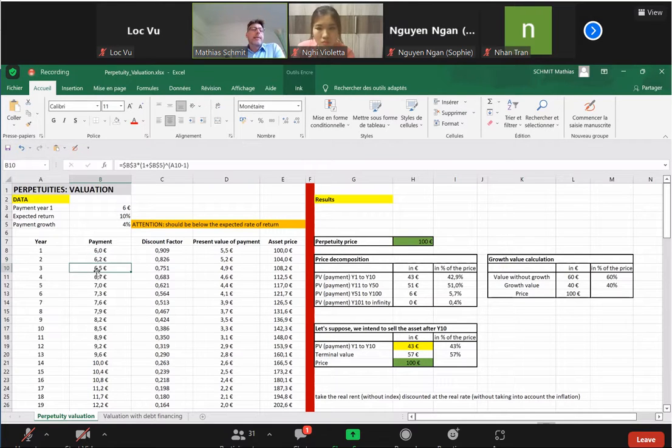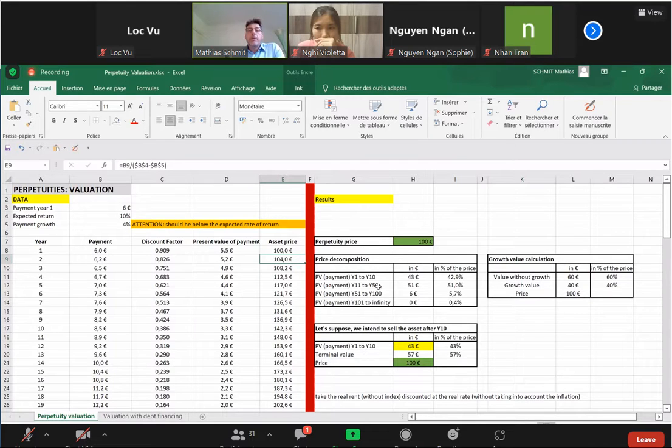After the next dividend, if it's a share, it will be 6.2 plus 4%, and so on. You have the discount factor, the present value, and then the asset price. I strongly recommend you to try to understand this table, to understand the way to value.